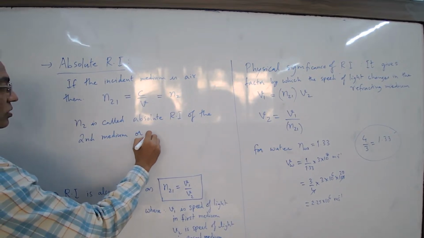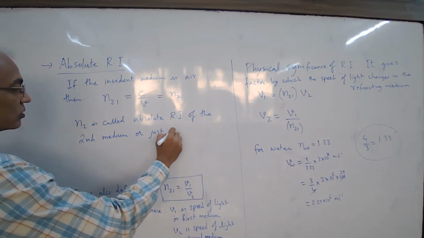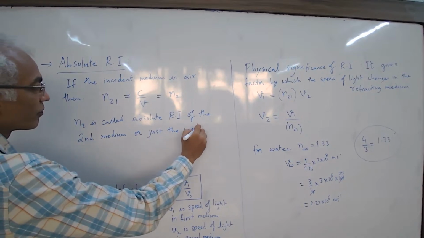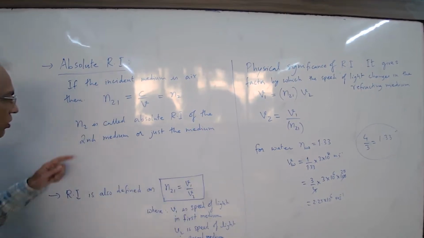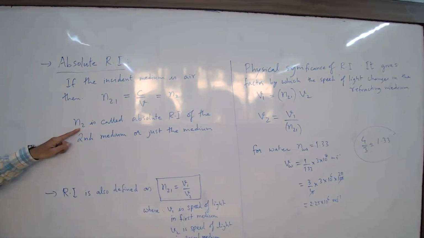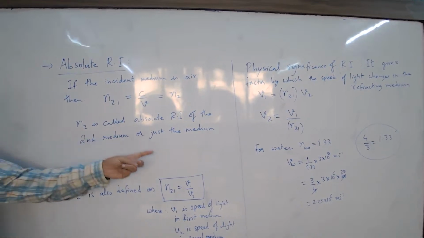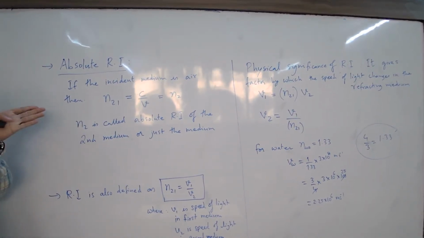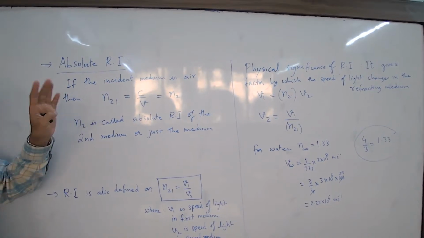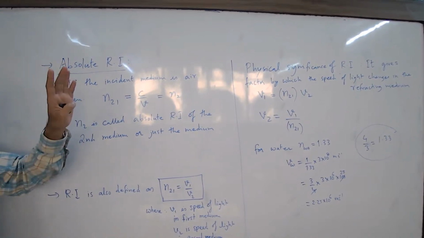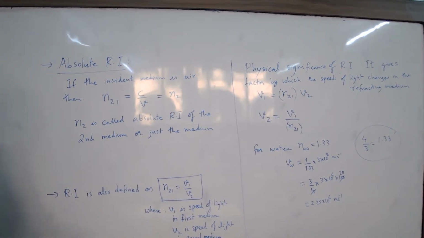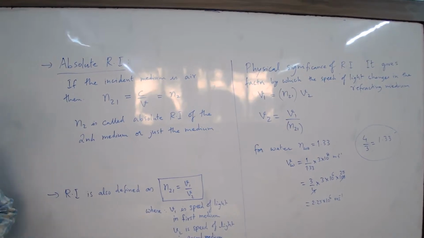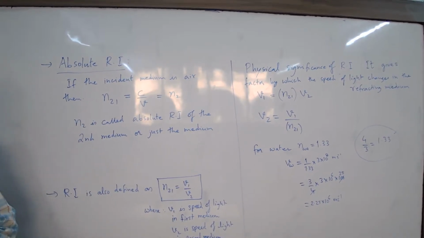Or just the medium. Because N2 is now the refracting medium. Okay? So when we say absolute refractive index of the medium, it means the refractive index of the medium. So we understand that the first medium is air only. And all the table that you are seeing, these values are with respect to air only.